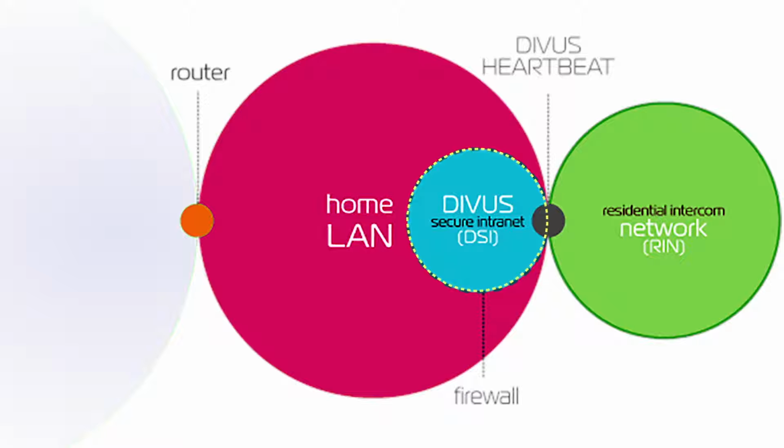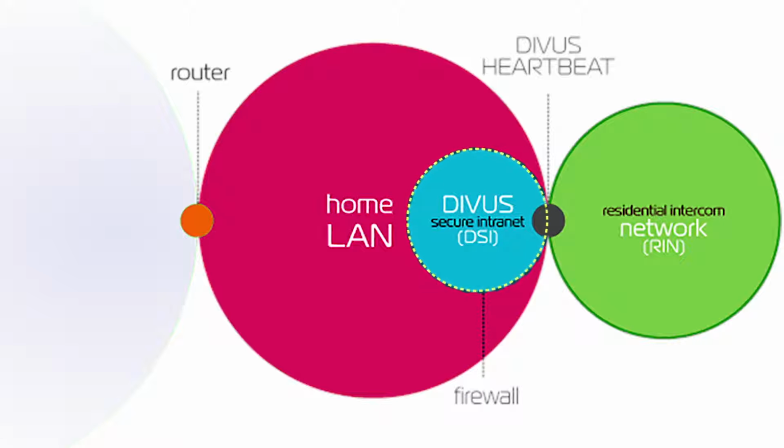From home LAN to DSI, no. Every communication in this direction is blocked by default, and this communication direction includes any attempts that could come from the internet. So, this is our starting point, a sophisticated system with a clear separation of function and security risk, which easily allows all the usual communications without sacrificing strict security measures.